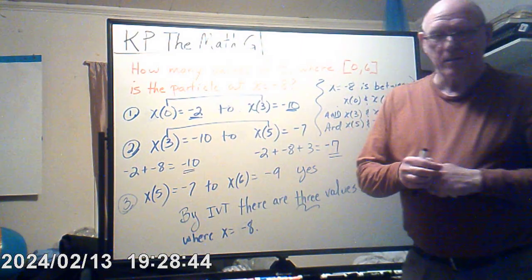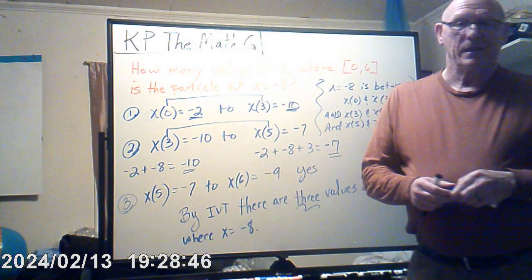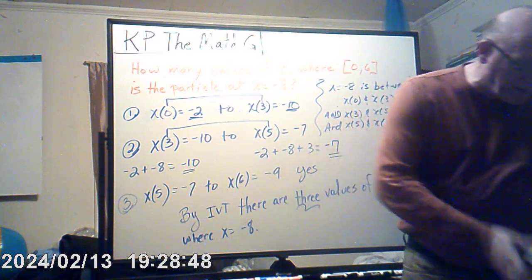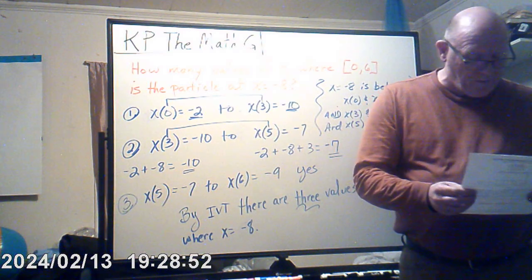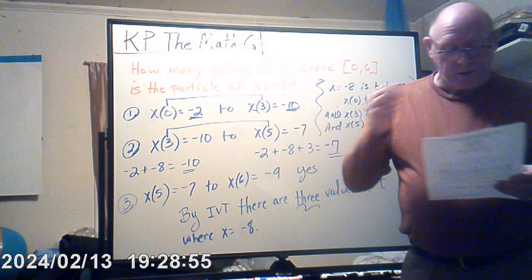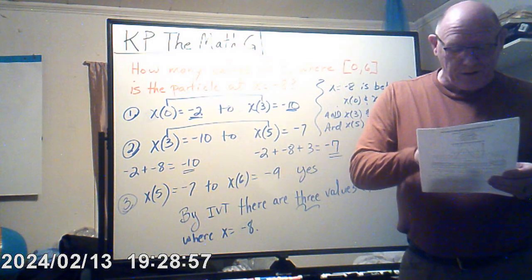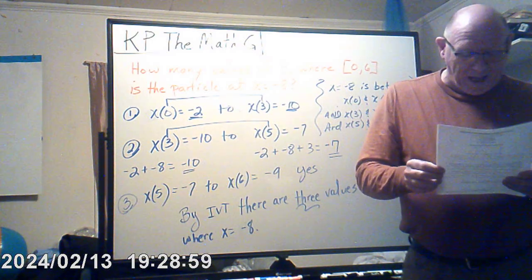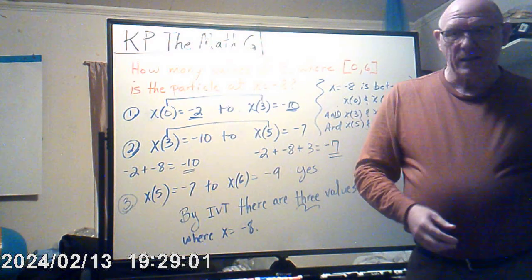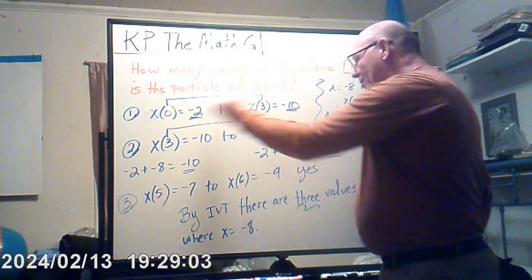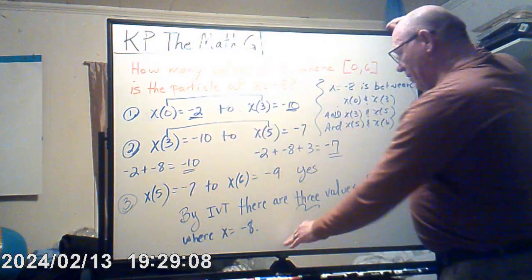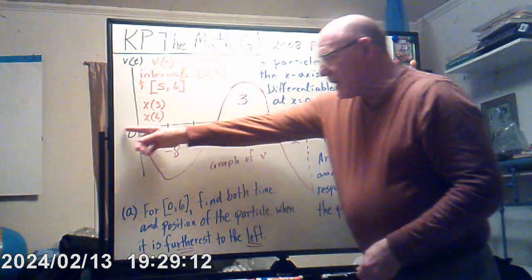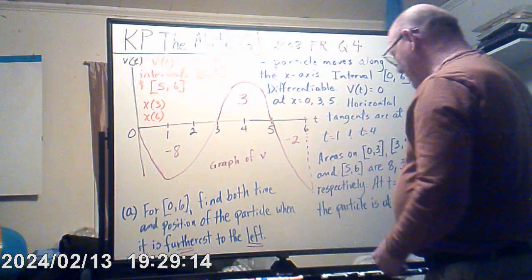Intermediate value theorem. I thought maybe that would be a good thing to look at. Again, the question is, for how many values of t, where t is between and including 0 and 6, is the particle at x equals negative 8? When you start at 0 and go to the first number, from 0 to 3, x at 0 is negative 2 already.